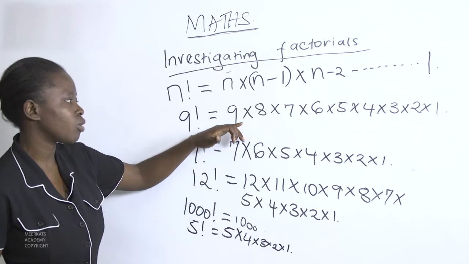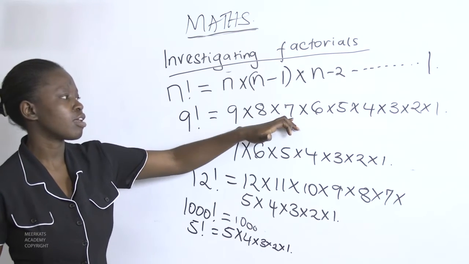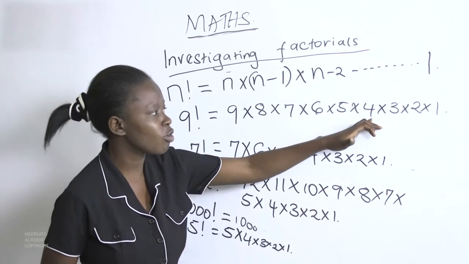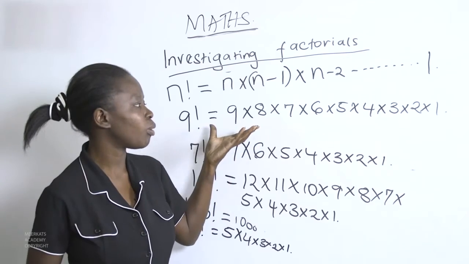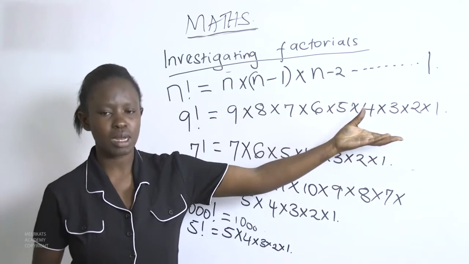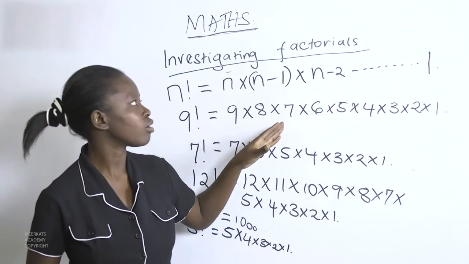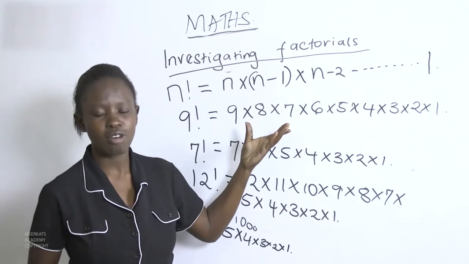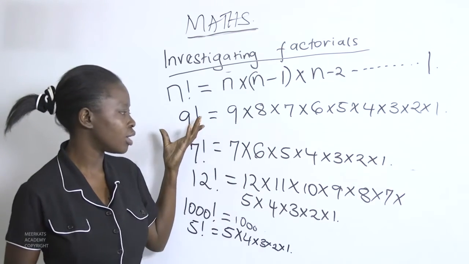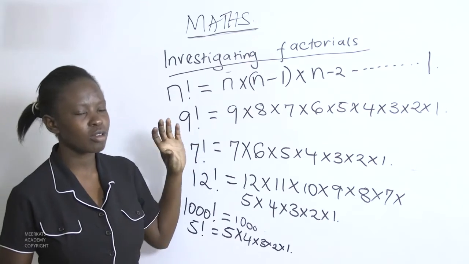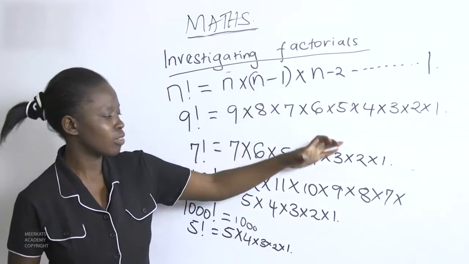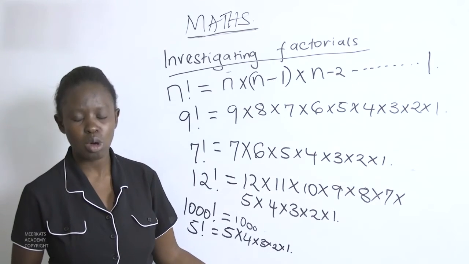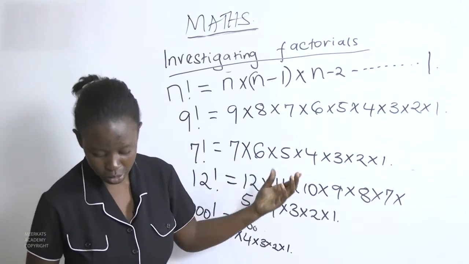So we'll start all the way from 9, 8, 7, 6, 5, 4, 3, 2, and 1 as you multiply. So when you are multiplying that number in a reducing manner, then we are referring to it as a factorial. So you are having 9 factorial, 7 factorial, 10 factorial, and so on. So that is the detail we need to know about the factorials.